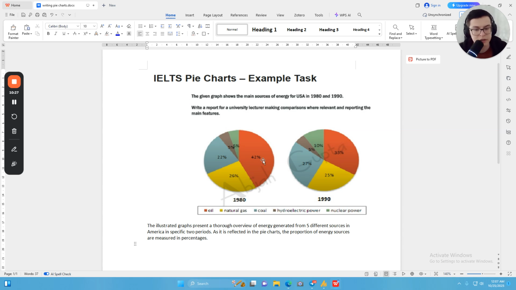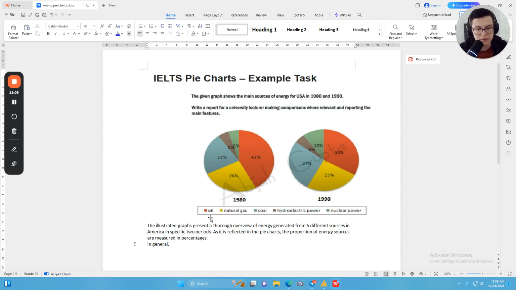And natural gas also typically held the second position, and the third position was taken over by coal, and the remaining fourth and fifth positions were secured by nuclear power and hydroelectric power. So my overview is going to be kind of like this, as you can read it right here. So let me start with in general.